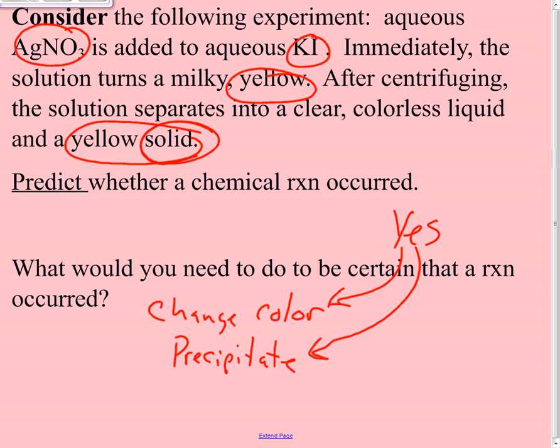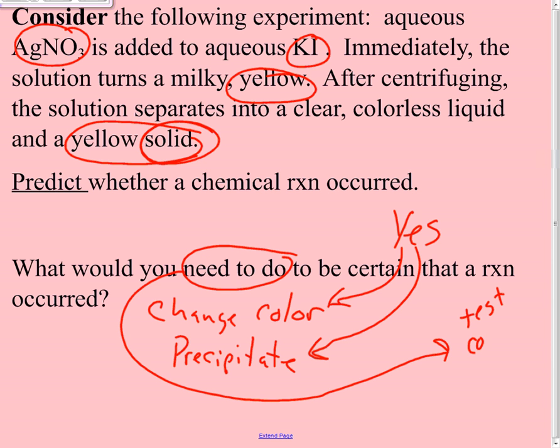What would I need to do to be certain that a reaction did occur? I have to test the composition of my substance before and after, right? If they're the same, then no reaction occurred. If they're different, then a reaction occurred.